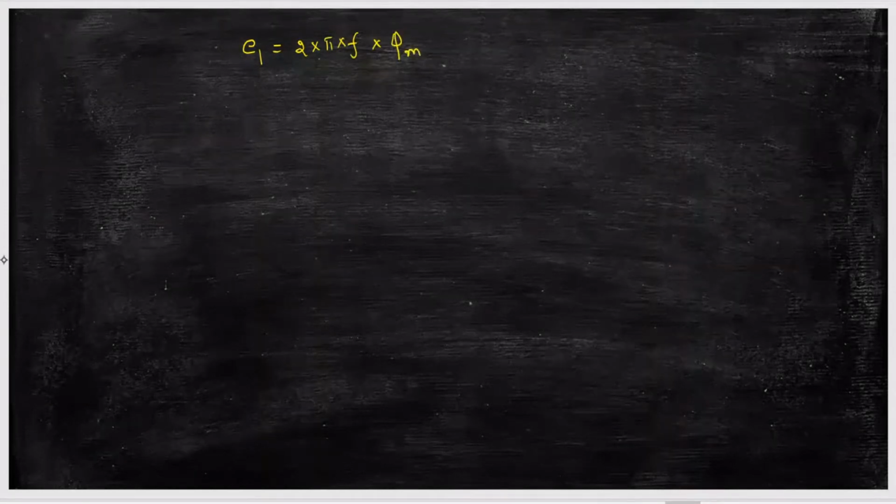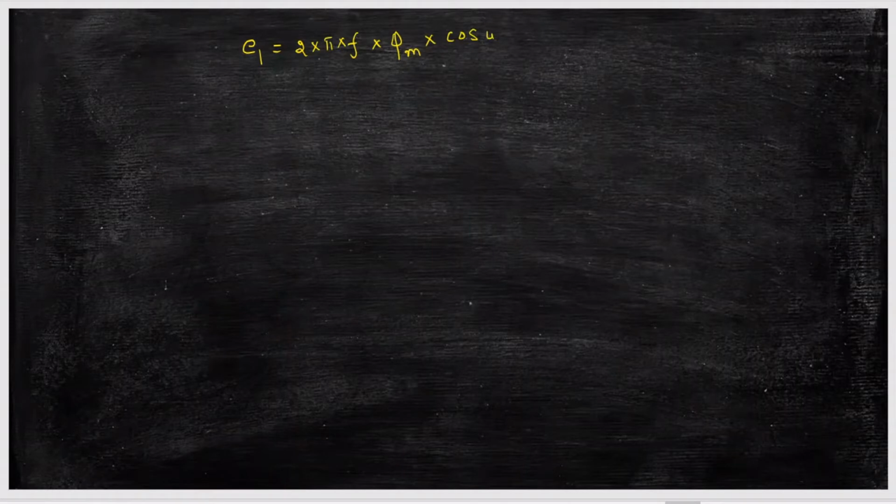What we have derived, I am writing again: E1 is equal to 2 pi f NP phi m cos omega t. This is in the form E1 is equal to Em cos omega t.